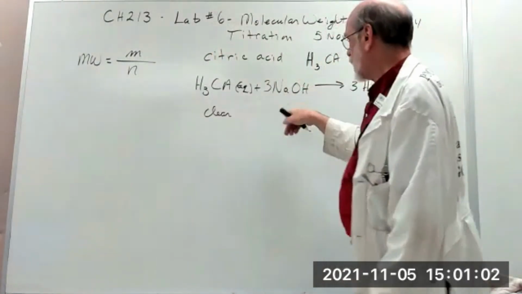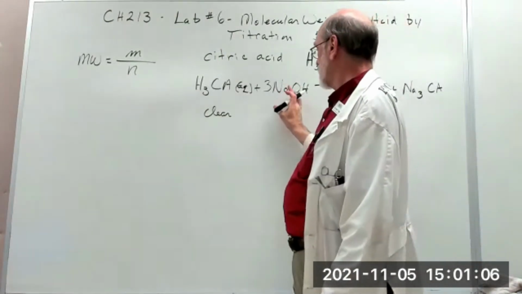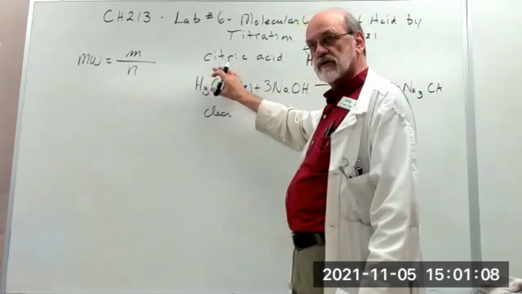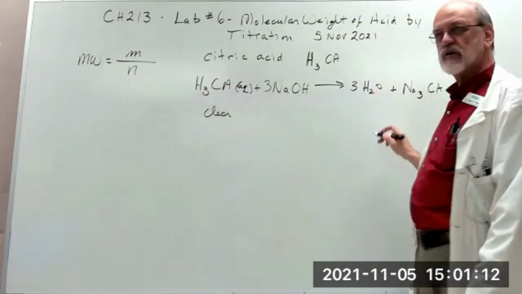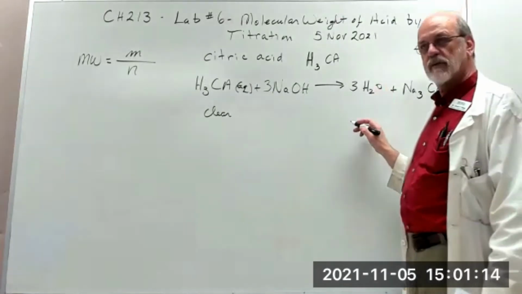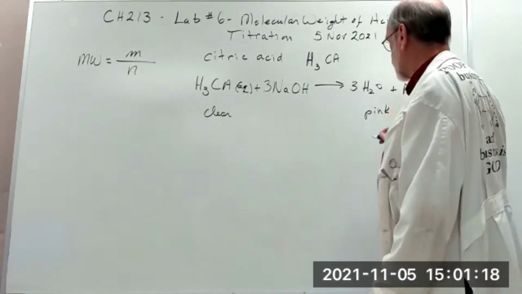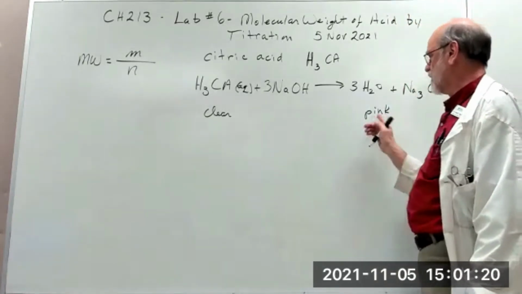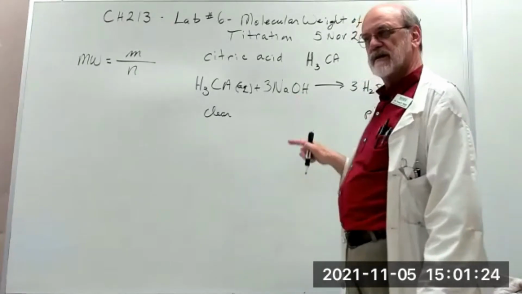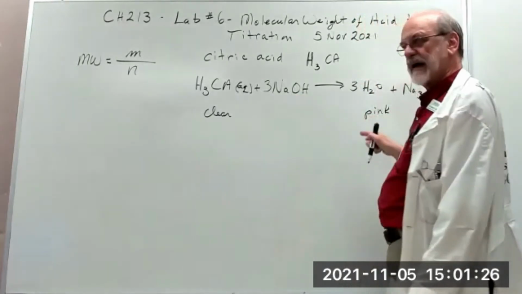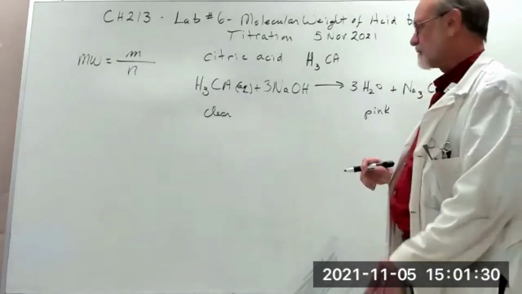When we titrate, we're going to add enough solution to exactly balance and reach the stoichiometric point. When we do that, it's going to turn pink because it would be just over the equivalence point and give us a few extra hydroxide ions. Not many, just enough to turn pink. It won't affect the calculations that much.